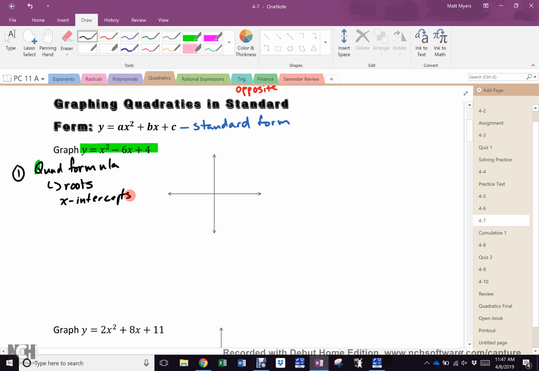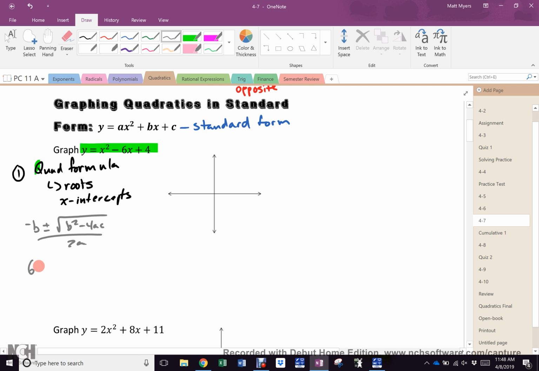Everybody agree? Yeah? Okay. If we do this, we end up with negative b plus or minus the root of b squared minus 4ac over 2a. Agreed? Right? And what would that be?